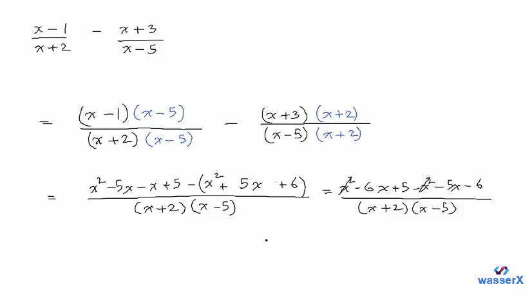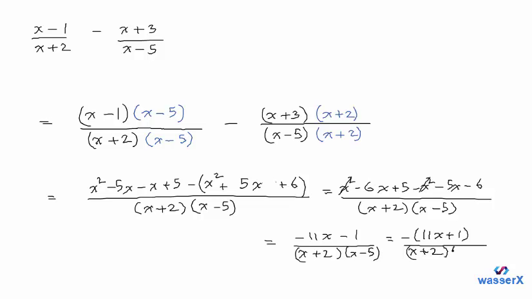So that simplifies to negative 6x minus 5x, that's negative 11x, and positive 5 minus 6 is minus 1. So we have negative 11x minus 1 on the top, x plus 2 times x minus 5 on the bottom. If you want to, you can take the negative sign out and write 11x plus 1 on the top over x plus 2 times x minus 5 on the bottom.